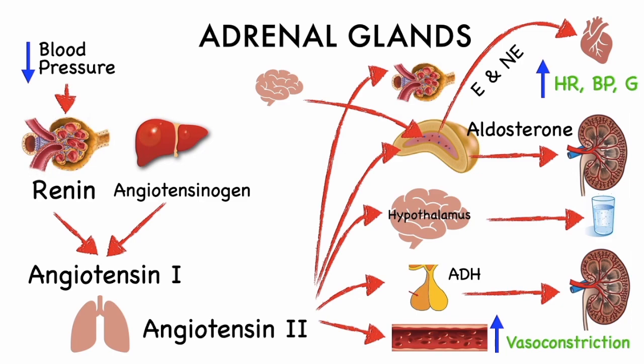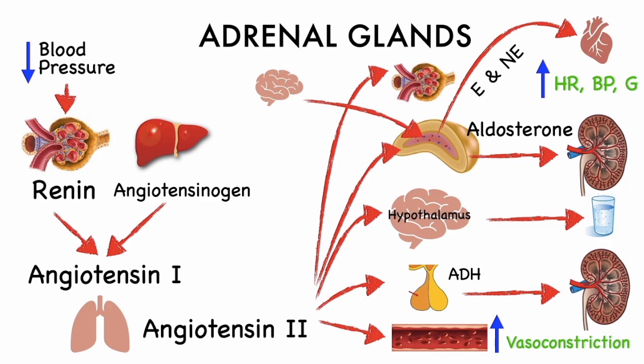So this must be a very important system, this renin-angiotensin-aldosterone system. And it all begins when blood pressure decreases. You see these macula densa cells right here? These macula densa cells sample sodium and chloride and potassium, and when those ions are too low, this must mean that there is low blood pressure.